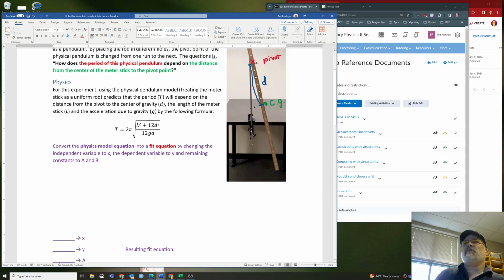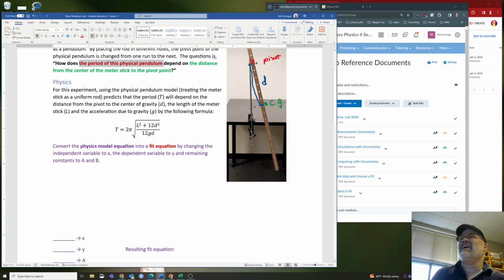So if I go back up here to the main question, how does the period of a physical pendulum depend on the distance? One thing depends on another thing. The independent variable is the one that is causing the change, and the dependent variable is the thing that depends on the independent variable.